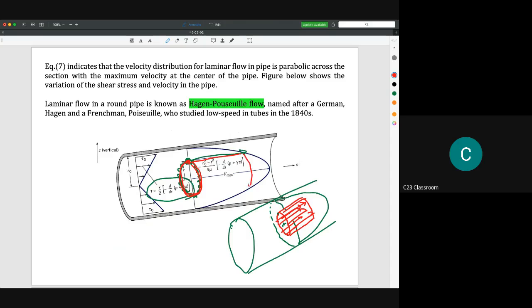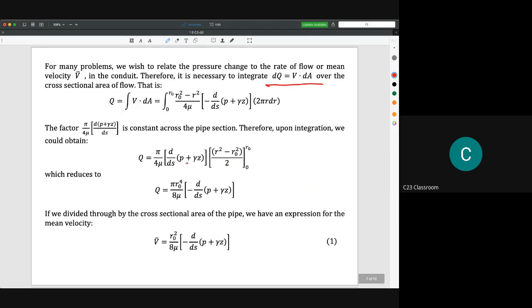We need to calculate the velocity at this point, and then multiply it by the cross-sectional area of this very thin strip, which we call dA. To get the total Q, we integrate both of these equations.